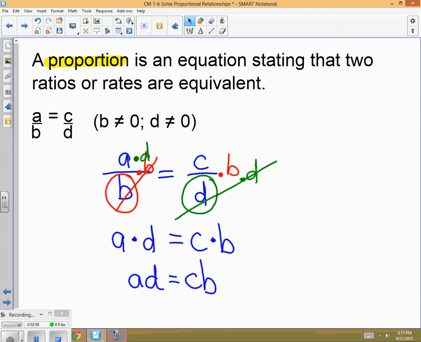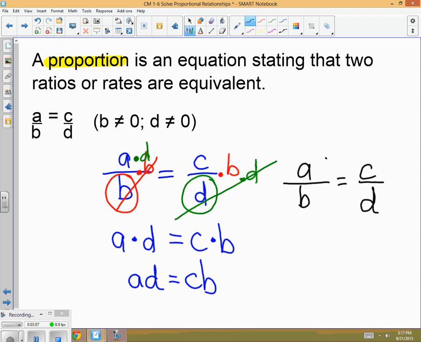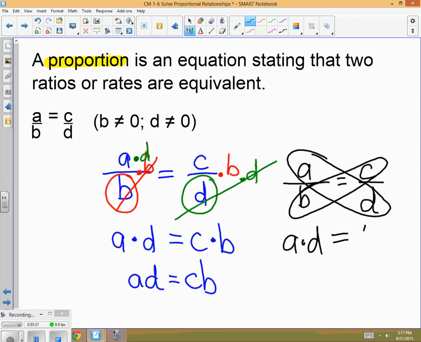Now, if you notice, the numerator A over B equals C over D. This numerator A can be multiplied by the denominator D. A times D is going to be equal to B times C, which is the same thing that was written over here. So again, we have AD equals BC or CB.